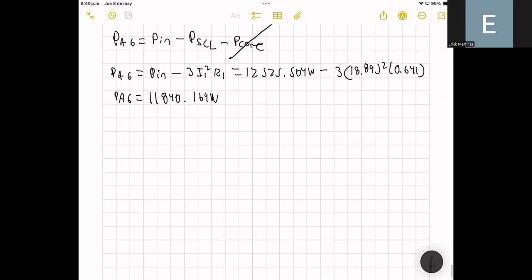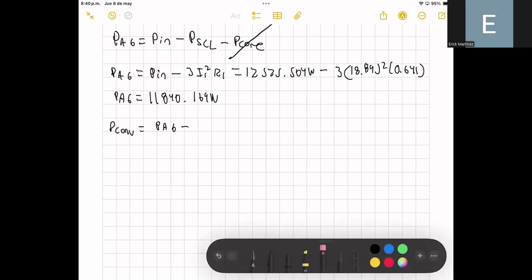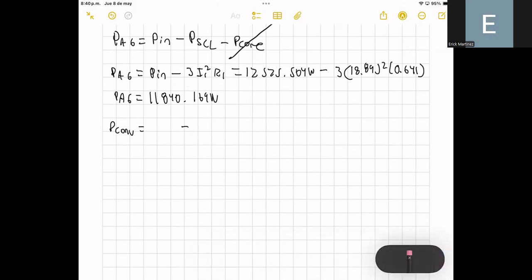And also, we can compute the converted power. The converted power can be computed as the air gap power minus, sorry, we can use a better formula for this.